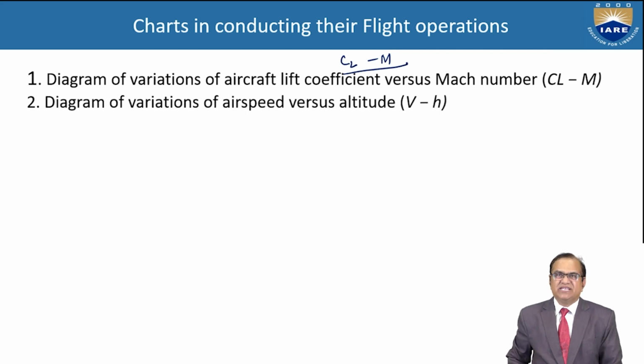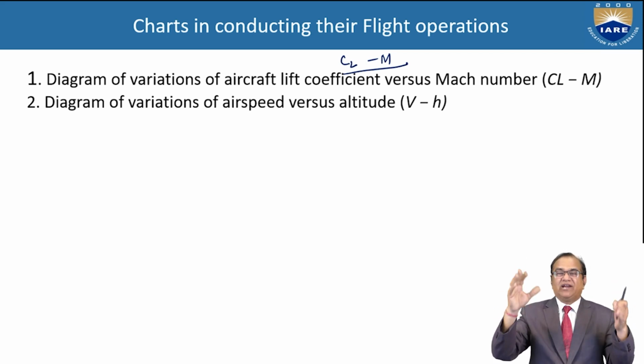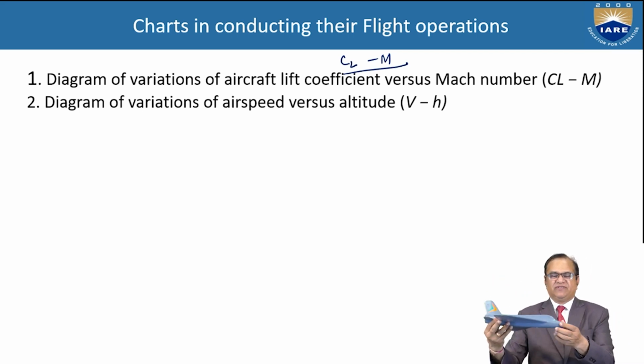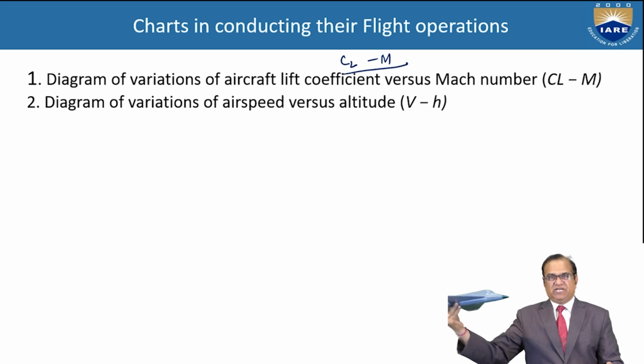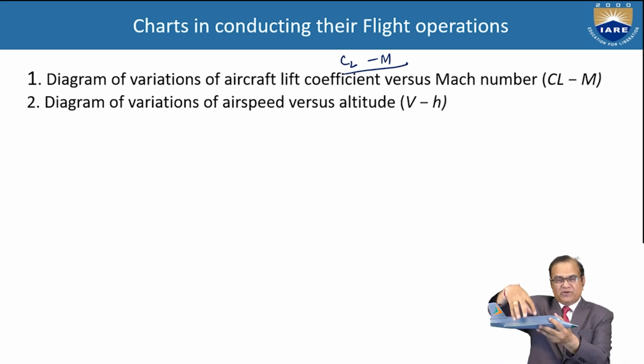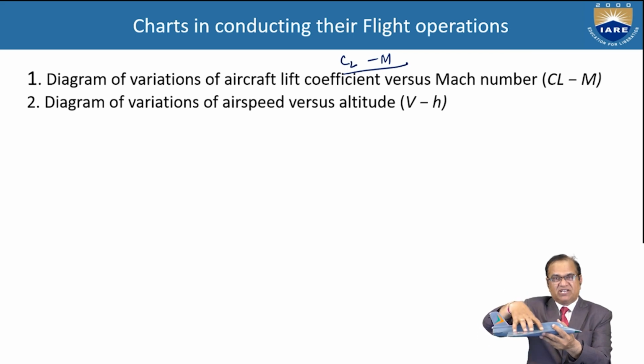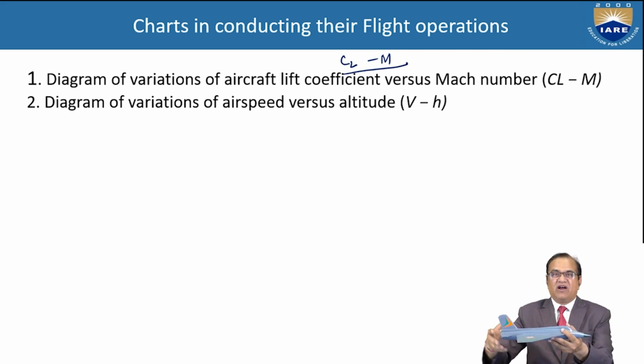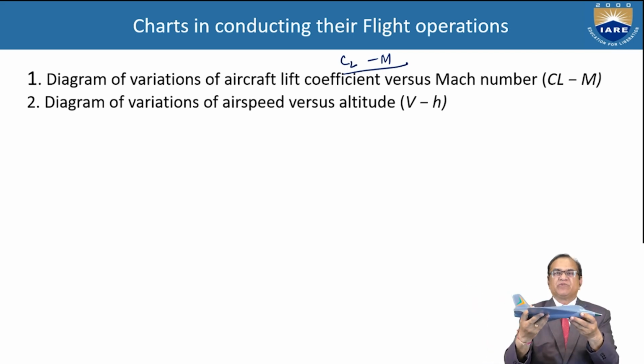The second one is the diagram of variation of airspeed versus altitude, that is V versus H. So at what altitude, at what height, if suppose this is your aircraft, and first is the speed. How much coefficient of lift your wings are generating, this coefficient of lift versus how much Mach number or the velocity of the aircraft, how much speed it is traveling.